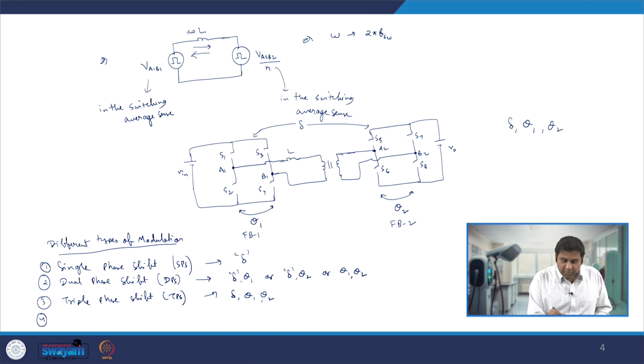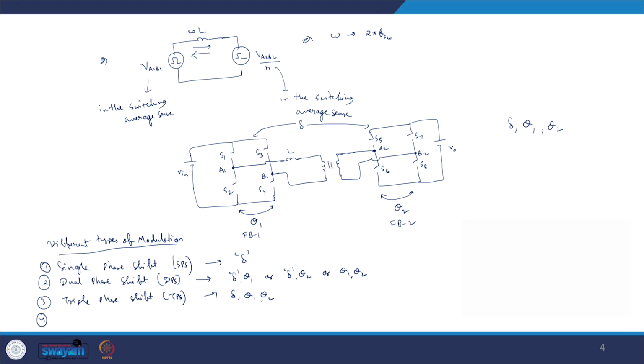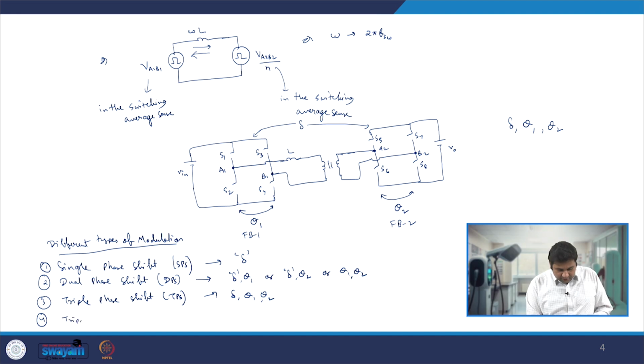So we can also change that frequency FSW, and that's when we are changing this impedance omega L, and we can control the amount of current flowing from one voltage source to another, or from the second voltage source to the first.